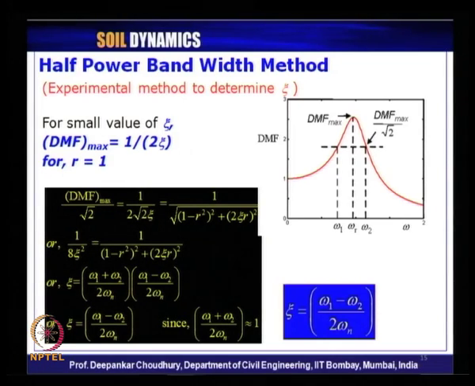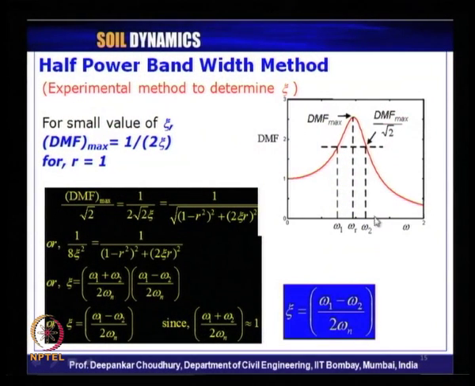So, if any system is subjected to free vibration and we do the testing, we measure the damping ratio using the concept of decay of motion or logarithmic decrement. Now, using the concept of forced vibration also, we can measure the damping ratio of any system experimentally. This is the half power bandwidth method, by which we can experimentally obtain the damping ratio of any system. How? Let us look at the slide.